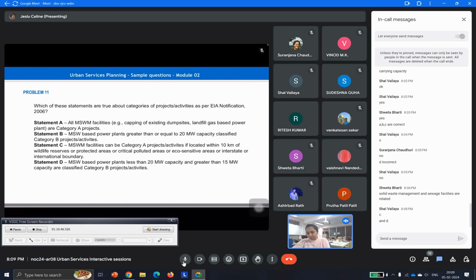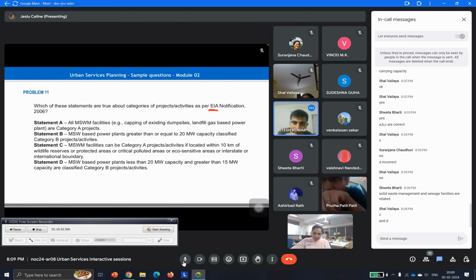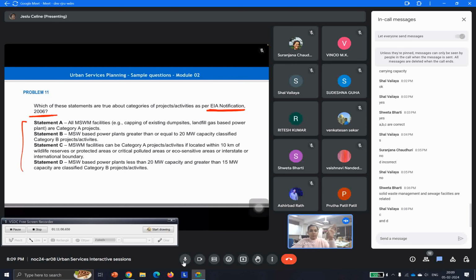Statement A. Okay, before that, what is EIA? Okay, very good. So we are mainly talking about environmental impact assessment, and as per the notification 2006, different facilities have been grouped into different groups, that is Group A and Group B. And what is MSWM or MSW that we are talking about?